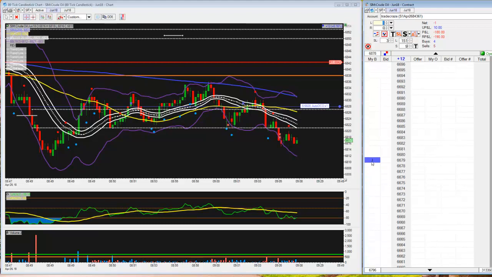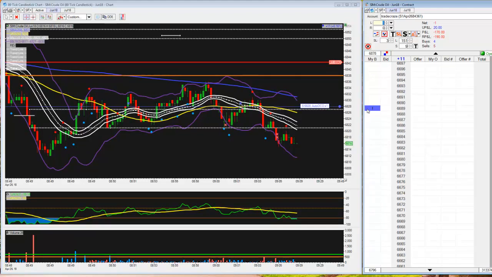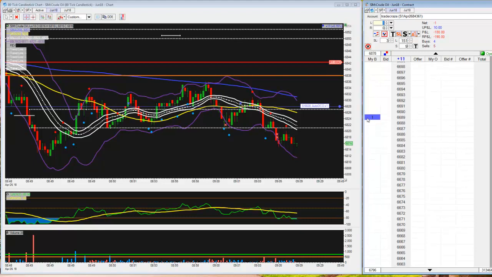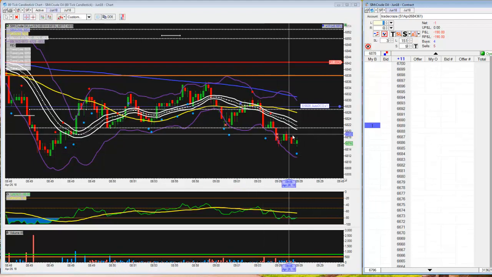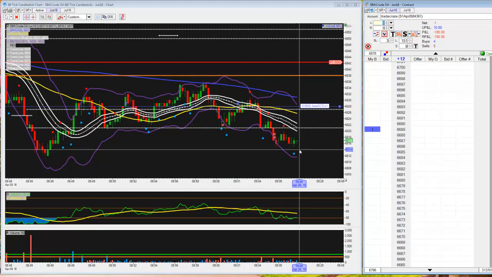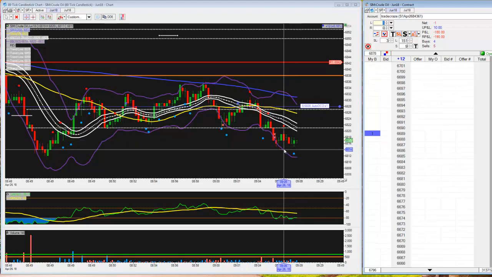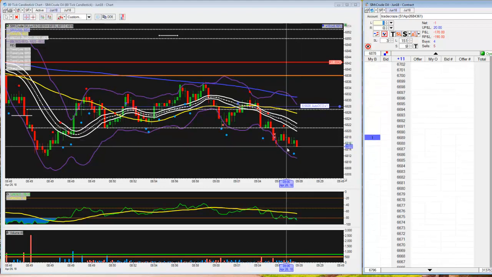Come off of that 10 ticks, call it 89. So this is a failure bar underneath. That's what I'm looking at right now.